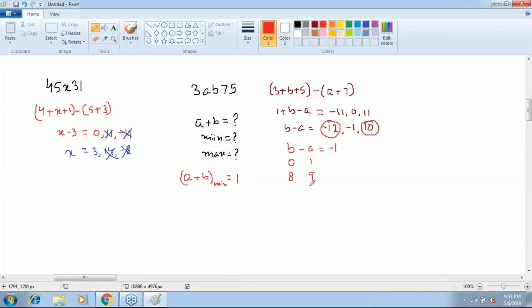And 8 and 9, which will also make minus 1, will give you the maximum possible. Is that understandable?